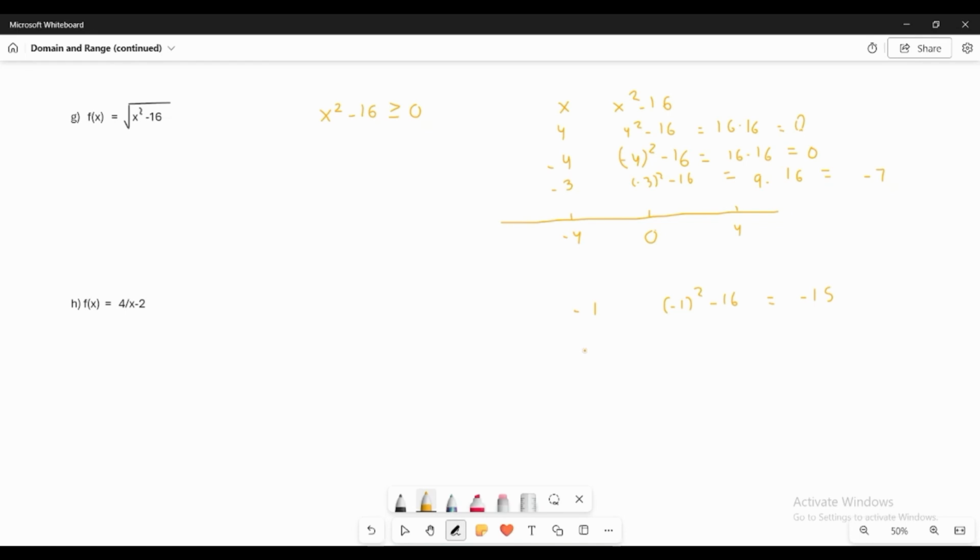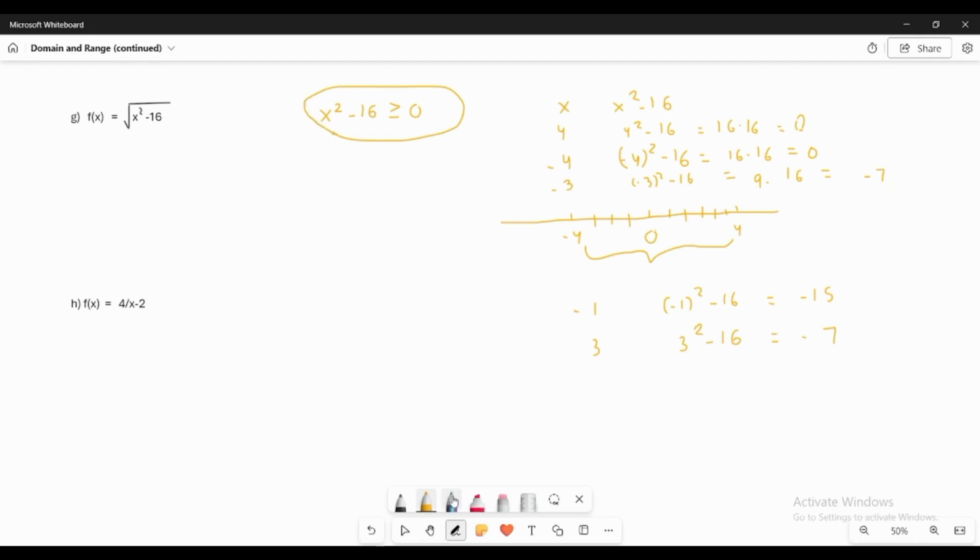Now let's take some positive value of x that lies between negative 4 to 4. So this time I will take 3. Now when we take 3, then again 3 squared minus 16 will give us 9 minus 16, that is again negative 7. So what I'm trying to explain here is that any value of x that lies between negative 4 to 4 will result in this becoming less than 0.